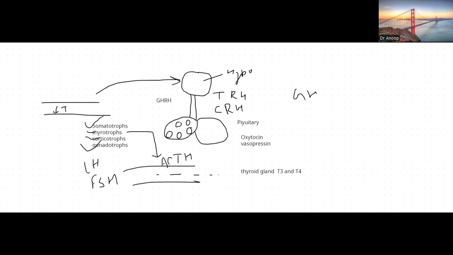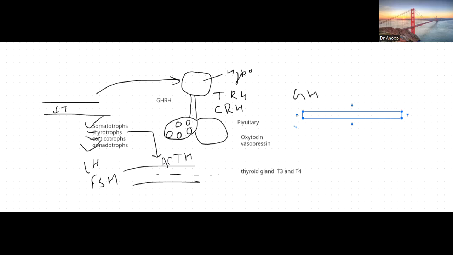the target organs. There are conditions in which growth hormone levels can be increased or decreased. It should be at normal levels. But if the growth hormone level is increased much more than its normal level, we call that condition acromegaly, right?